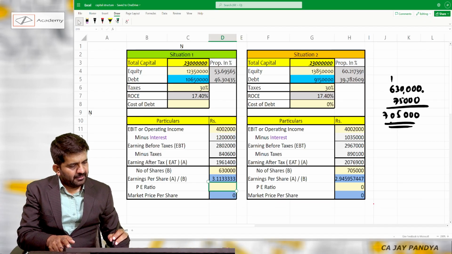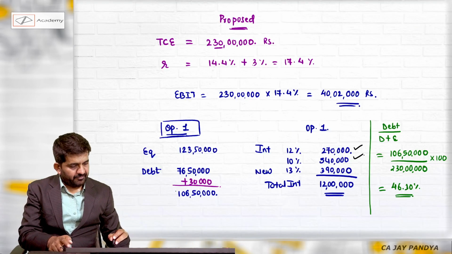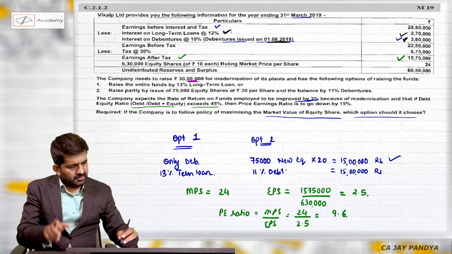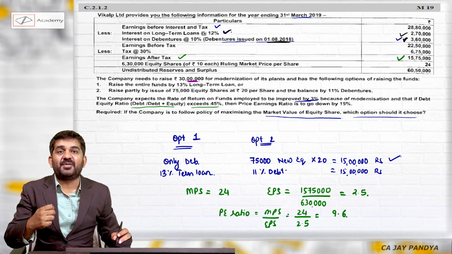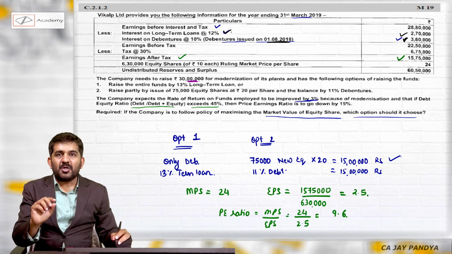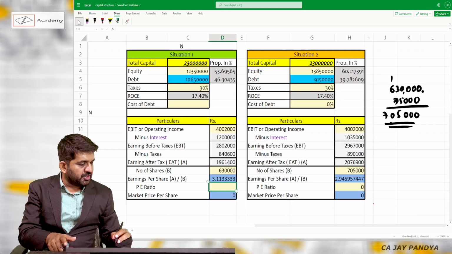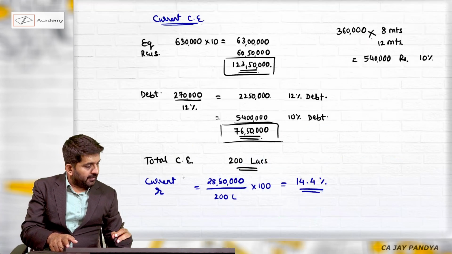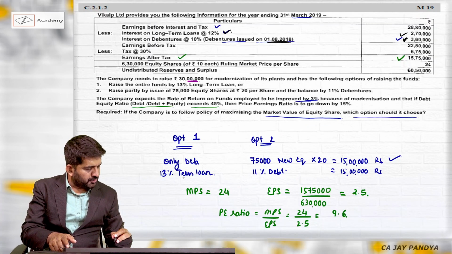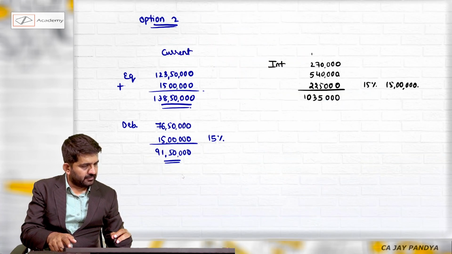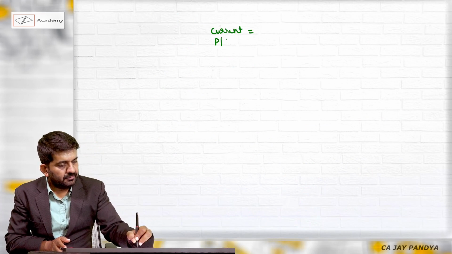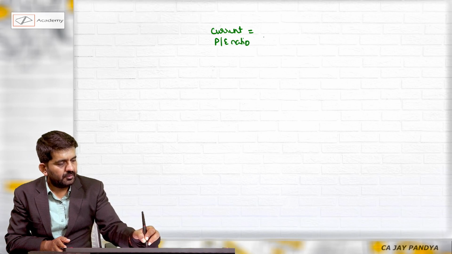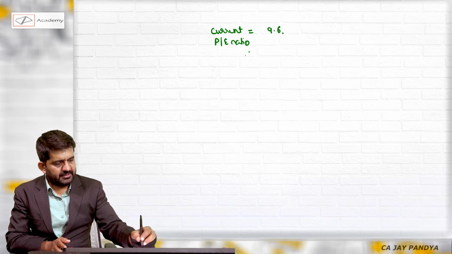Then my PE ratio will go down by 15%. So what will be my PE ratio in option number 1? What is the current PE ratio? It is 9.6.